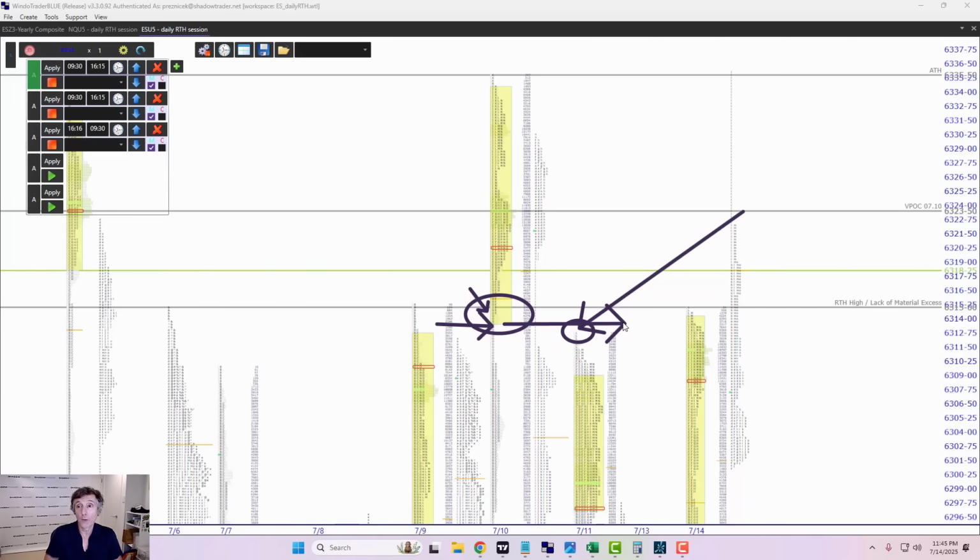And whenever you find references on the profile, and the profile is great for this, right, in identifying references that are controlled by factions that are very, very short term, this knowledge is extremely valuable to you, because when prices go back to that area, the odds are very, very strong that they're going to break when they get to those areas, because the traders that were involved at those areas were really just very momentum based and of the short-term variety.